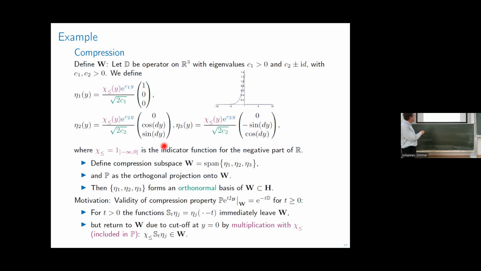So the evolution immediately leaves the space W. But then I project using the indicator function, which is an element of the projection. So if I then project again in the left half space, I'm again in my function space. So in that sense, I get a well-defined evolution. So the core is the projections here, essentially projecting on the left half plane.